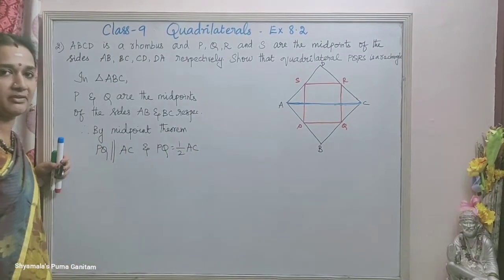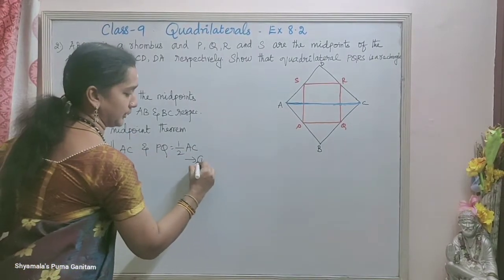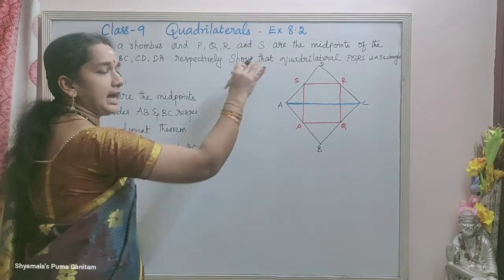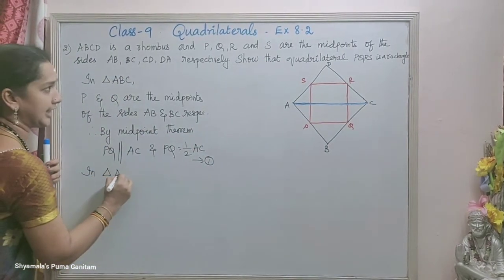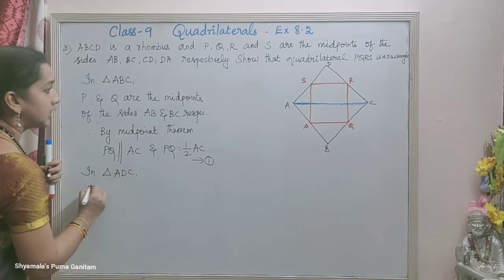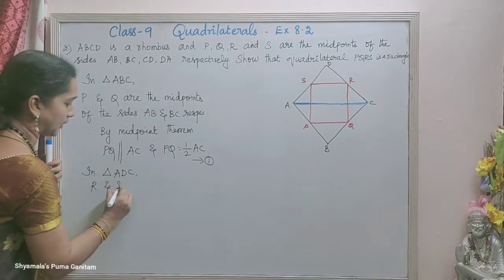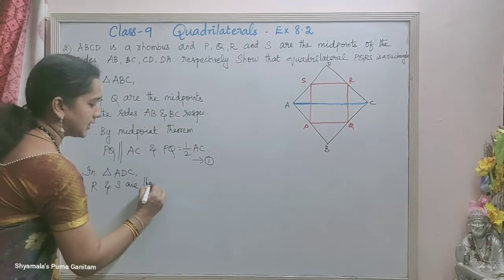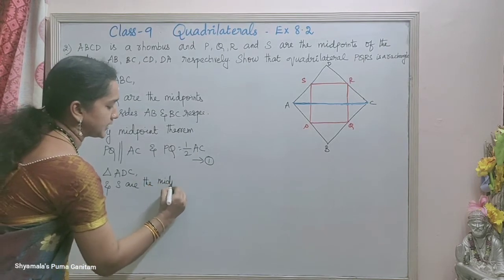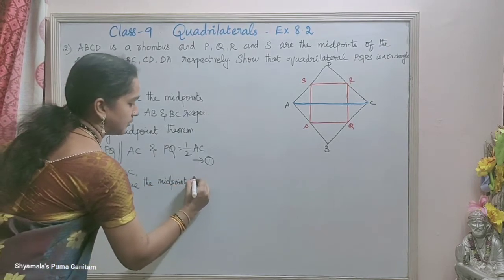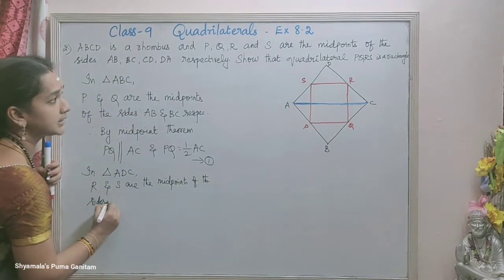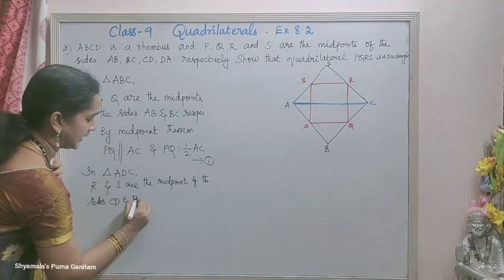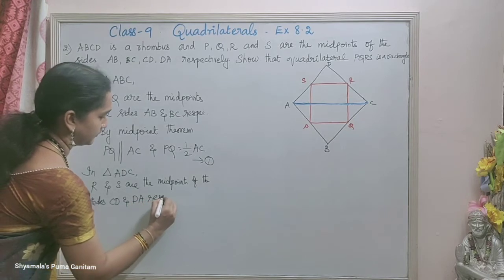Like we did in the previous sum, the same method. In the same way we can say the same for the other triangle. In triangle ADC, R and S are the midpoints of the sides CD and DA respectively.